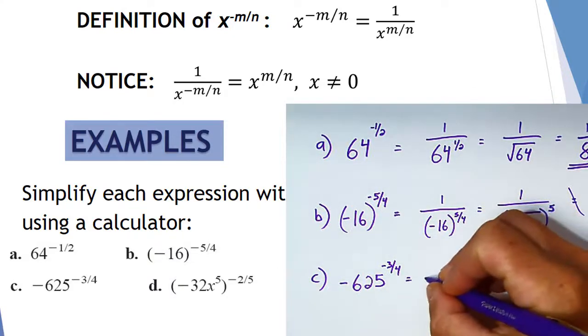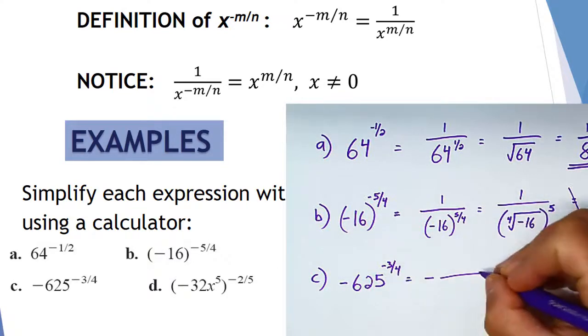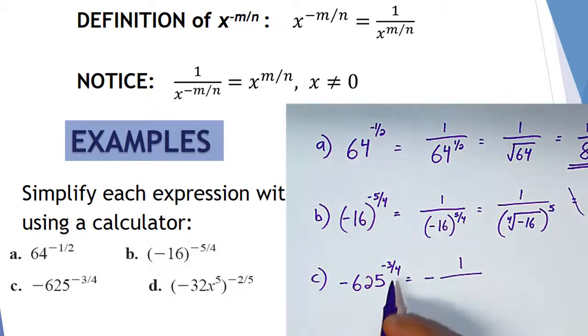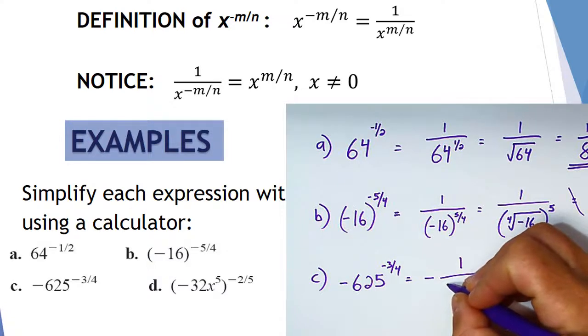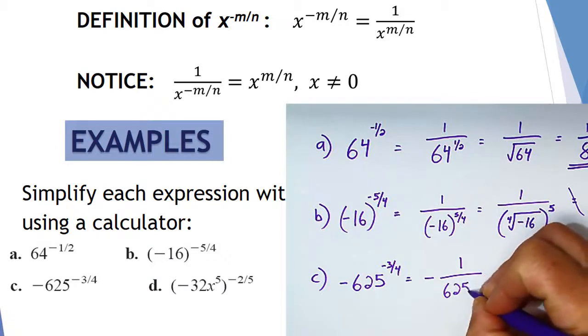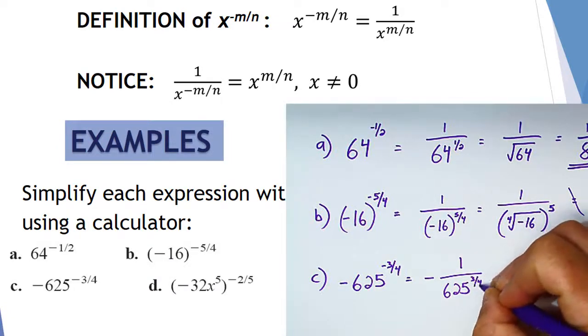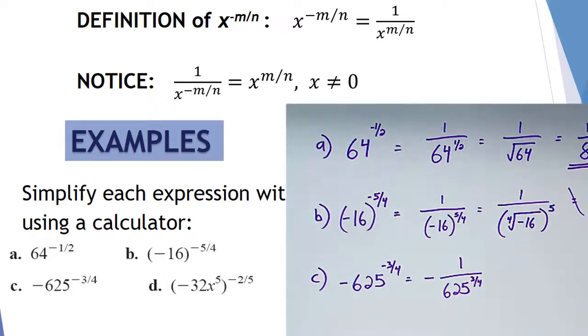So we're going to rewrite this as negative, for the negative sign hanging out in front, 1 over, and that's because of the negative exponent, 625 to the positive 3/4 power, since we're putting it down on the bottom. Now we can go a little bit further with that.